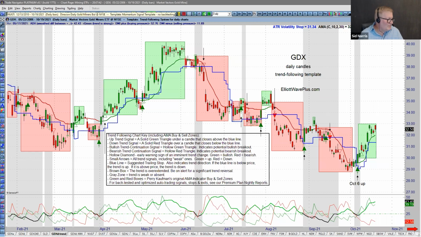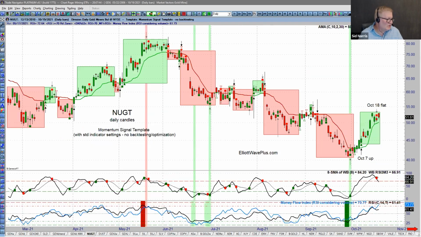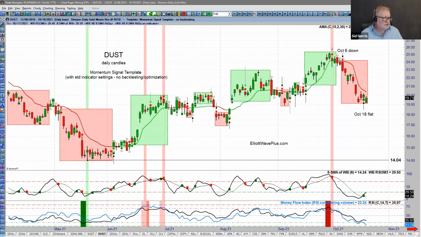Now, premium plan members, when it comes to GDX, also get screenshots on Nugget and Dust. Nugget is a 2 times bullish leveraged ETF on the gold miners, and Dust is a 2 times leveraged bearish.